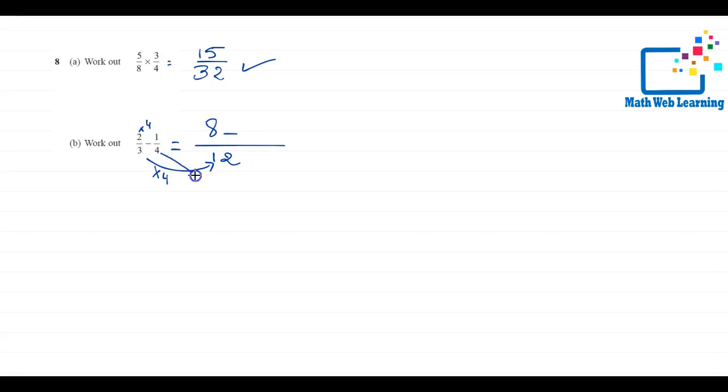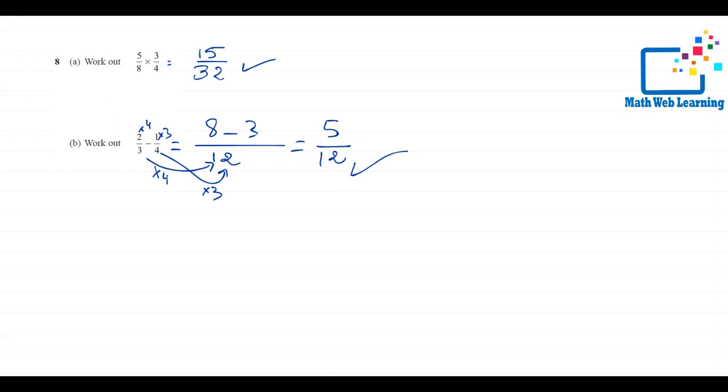How many times should 4 go into 12? 3. You multiply by 3. So multiply here by 3. 1 times 3 is 3. And the answer, 8 minus 3, is 5 out of 12. And that is your answer.